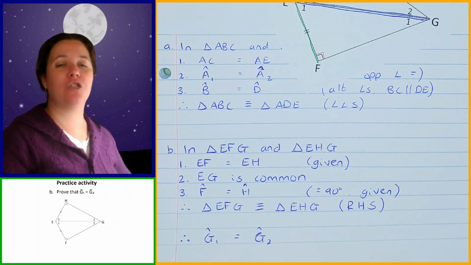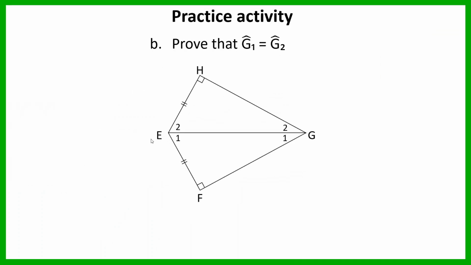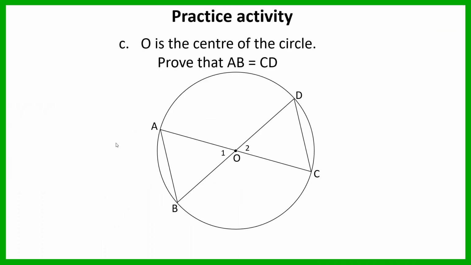Okay, now let's go on to the next one. In question C, you have to prove that AB, this line over here, is equal to CD, that line over there. And they've told you that O is the center of the circle, and that's very important for you to know for this proof.